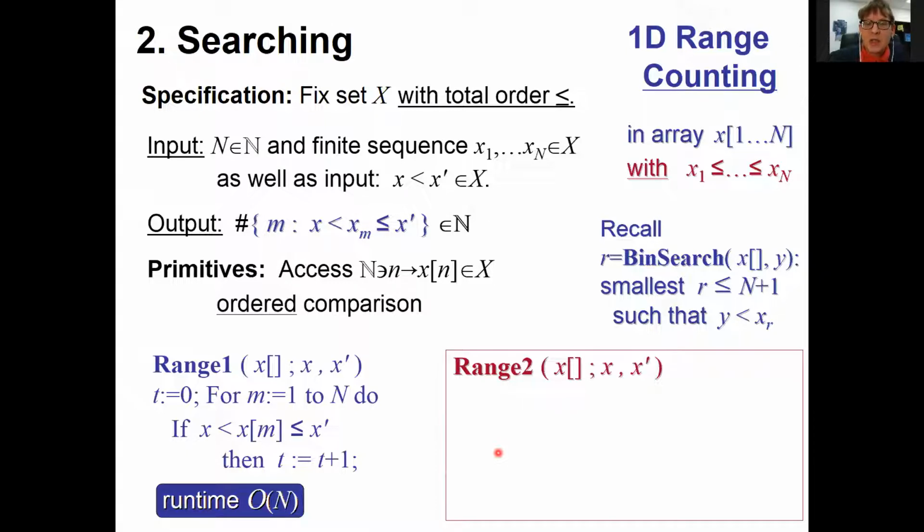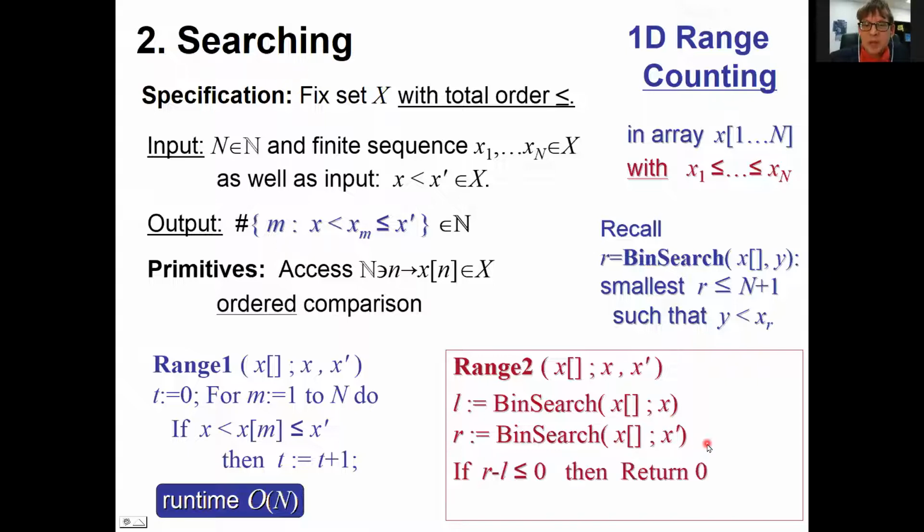Now we can use that in a much more efficient algorithm under the hypothesis that the data is sorted. We first locate the left element position in the array, then the position of the right element, and then we simply calculate the difference between both, because that's the number of elements with value between x and x prime.